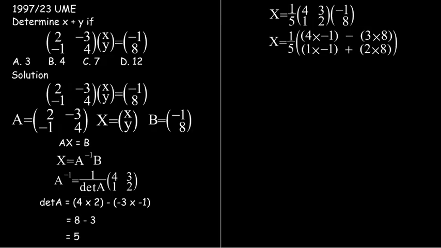So simplifying our bracket, X will be equal to 1 over 5 matrix [-4 plus 24; -1 plus 16]. X will be equal to 1 over 5 matrix [20 15].